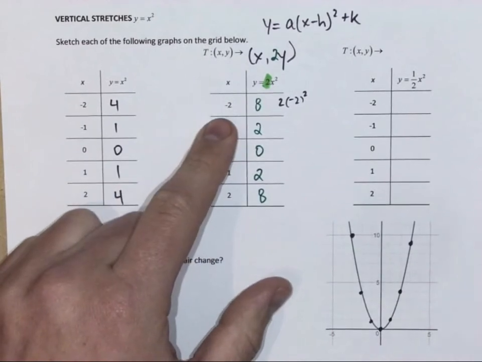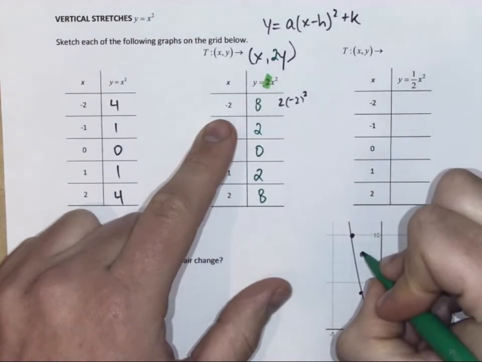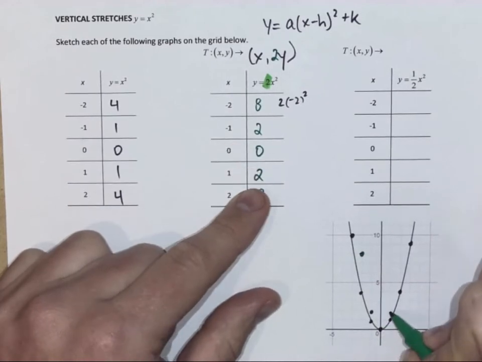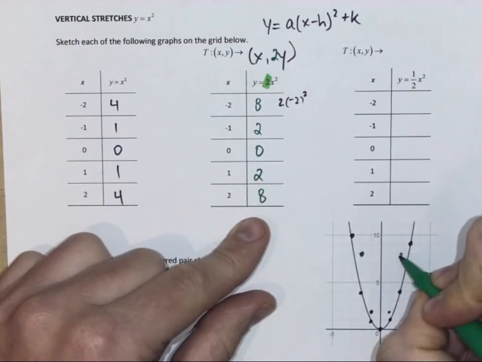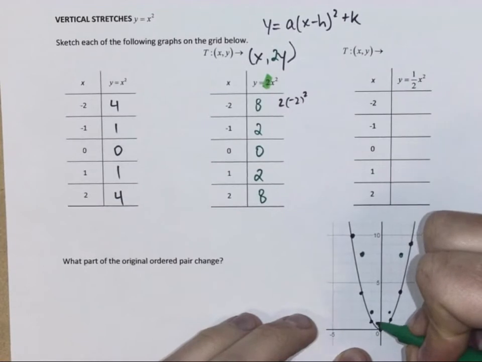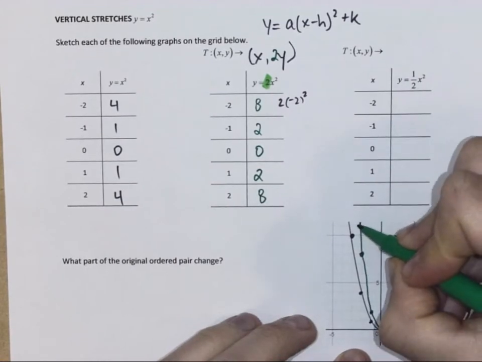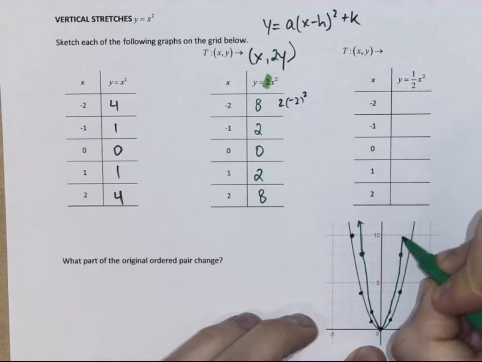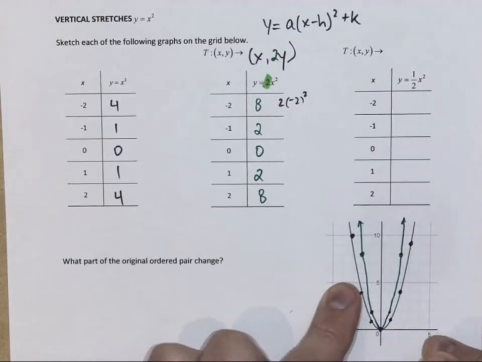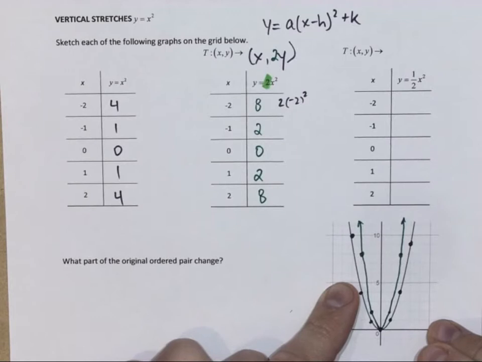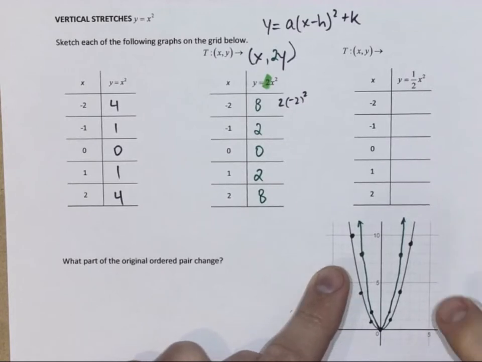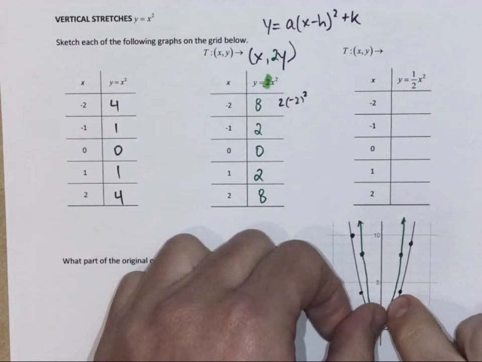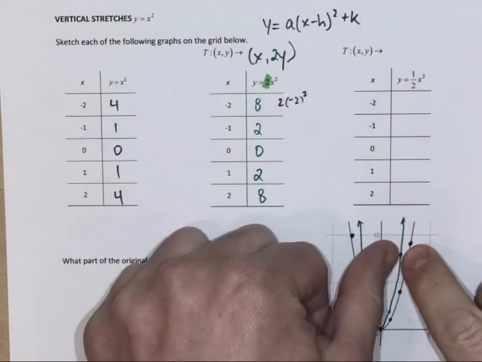So if I graph this, (-2, 8), (-1, 2), (0, 0), (1, 2), and (2, 8), I have y equals 2x squared. And it looks thinner or skinnier, narrower than my original y equals x squared. And that's because each point is twice as high as it originally would have been.